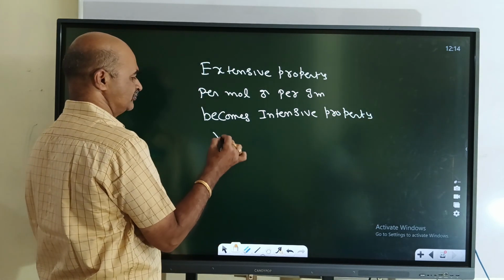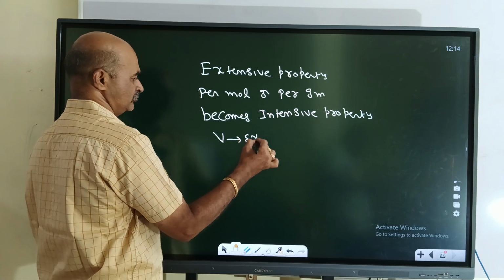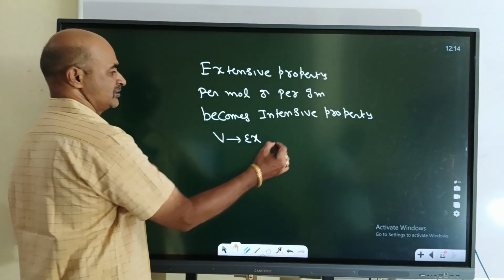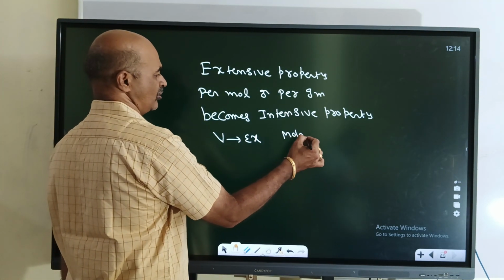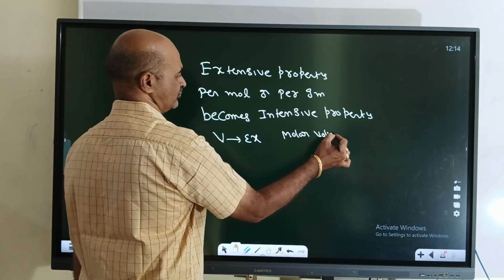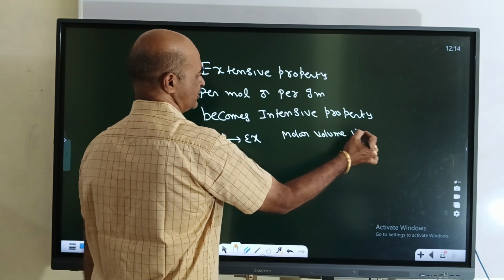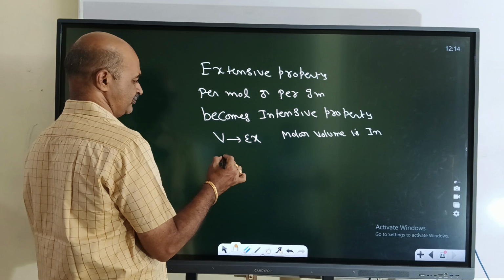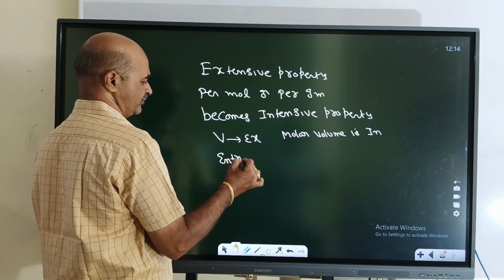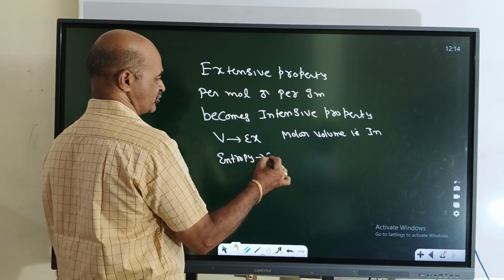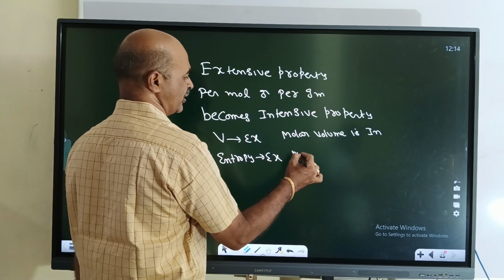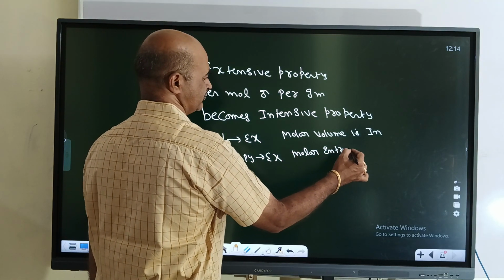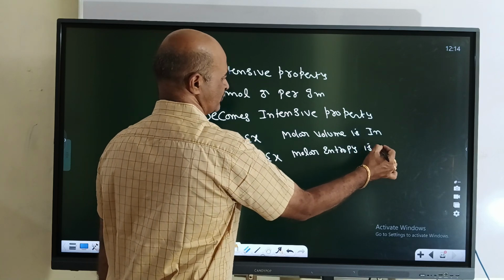Okay. Volume is an extensive property, but molar volume is intensive. Okay. Entropy is extensive, but molar entropy is an intensive property.